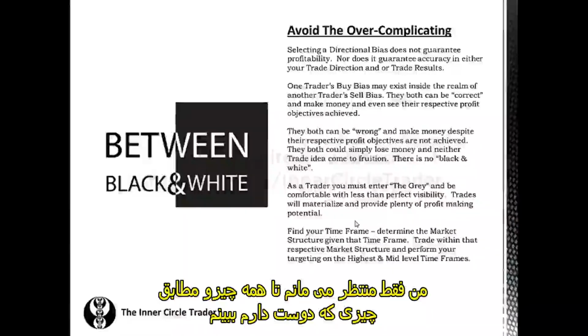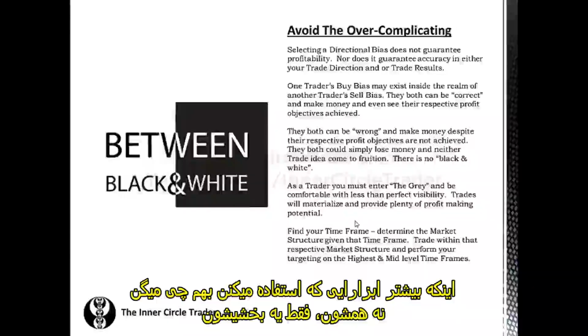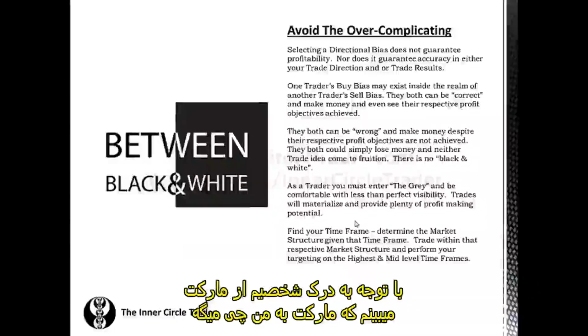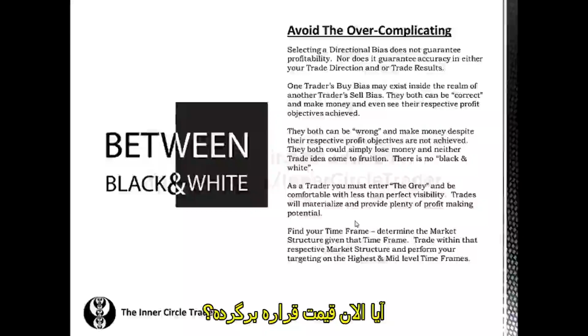I simply wait until everything lines up that I'd like to see, where the majority of all my tools, not all of them, the majority of the things that I'd like to see based on my understanding of what the market's suggesting to me. In other words, what profile are we in? Are we overall ripe for a reversal? Are we in a trending condition?